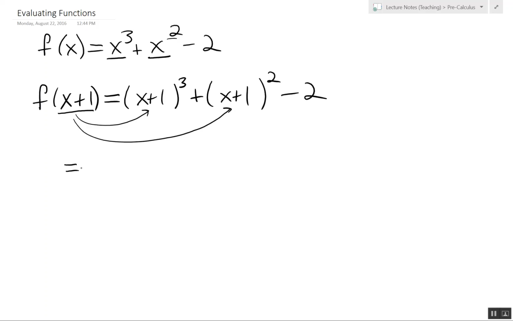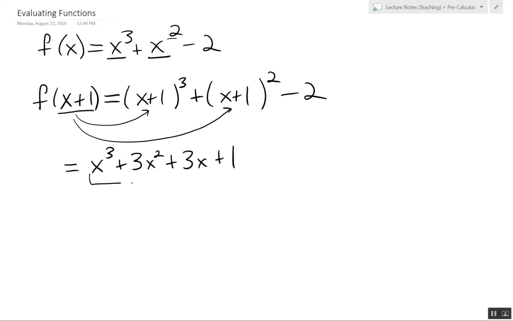Now, both of these expressions are easy to multiply out. You can either just FOIL it out, or both the expressions x plus 1 all cubed and x plus 1 all squared can be written out using the binomial theorem, which is what I'm going to do since it's faster. So it's going to be x cubed plus 3x squared plus 3x plus 1.